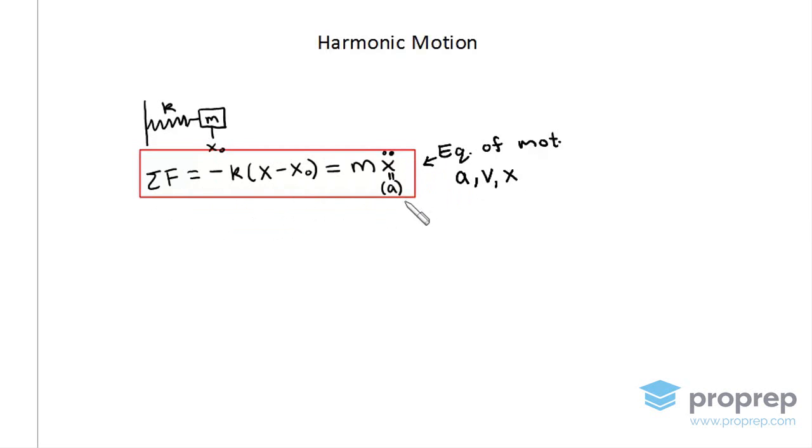So if we have a harmonic system, this equation will describe its starting position, its velocity, and so on and so forth. Another useful trait of this equation is that if you get a question in which you're asked to prove that some system is working with harmonic motion, if you can get the equation of your system into this type of format, then you can know that the system is in harmonic motion.